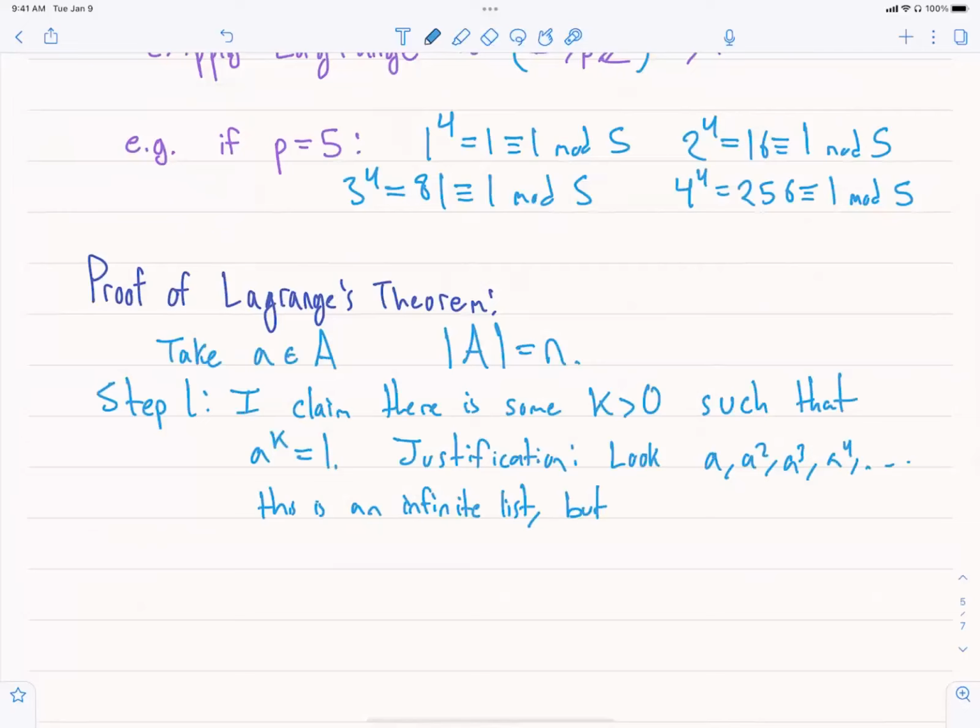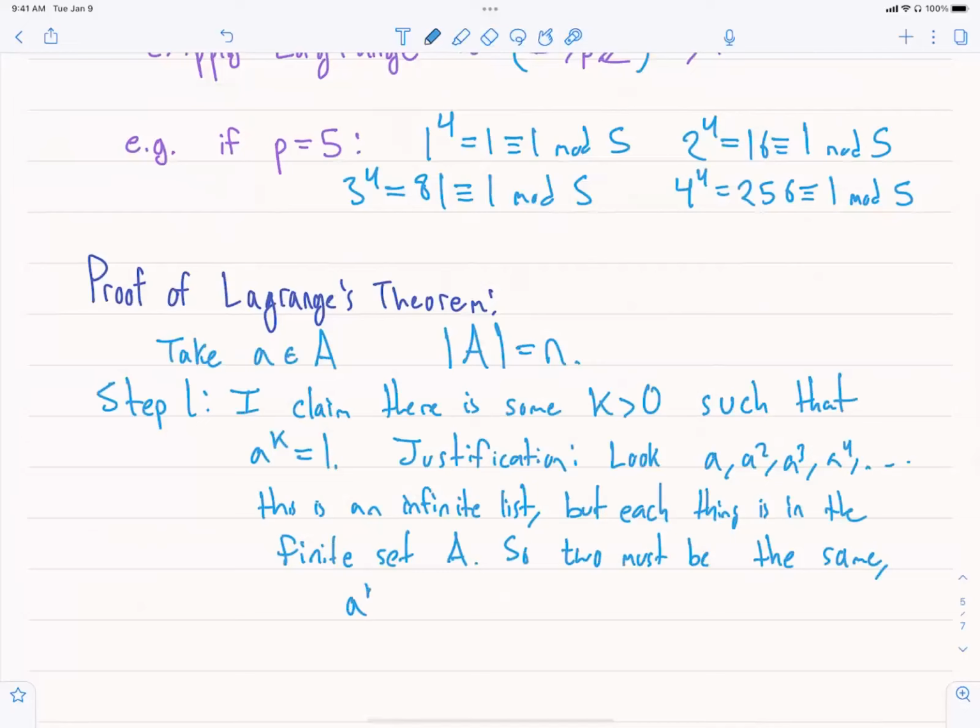Each thing on the list is in the finite set A, so that means two of them have to be the same. So there's a to the k1 equal to a to the k2 for some k2 greater than k1. Why do two of these things have to be the same?